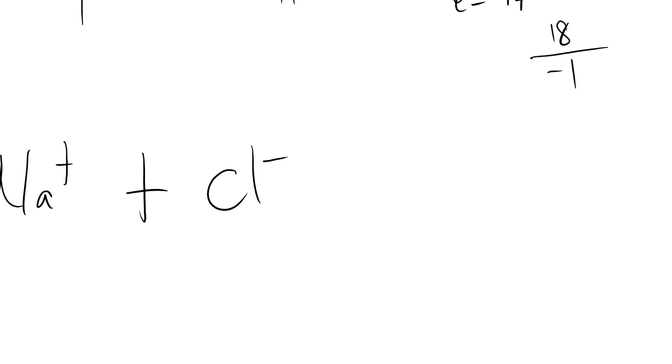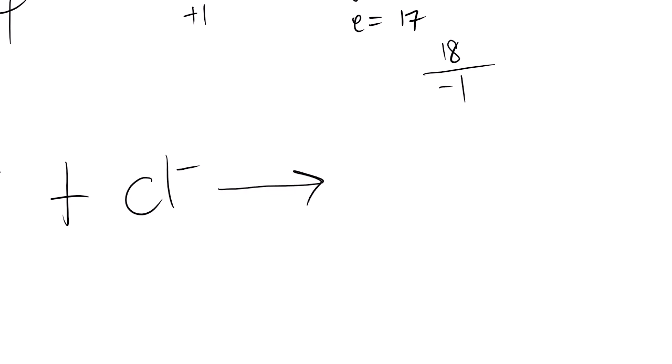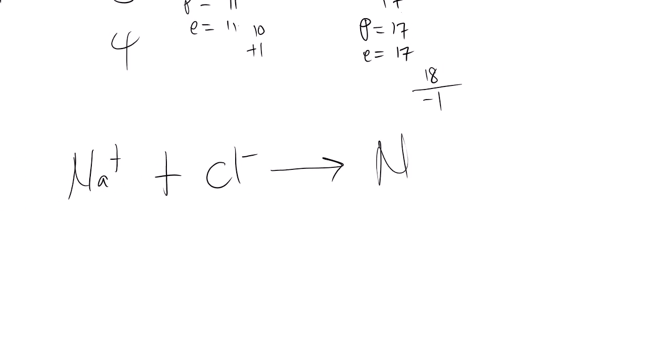If you have these types of ions in a container, they will attract each other. Let's say we have Na+ and Cl-, they end up producing a compound called sodium chloride.